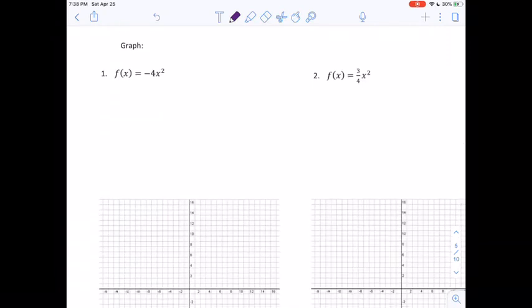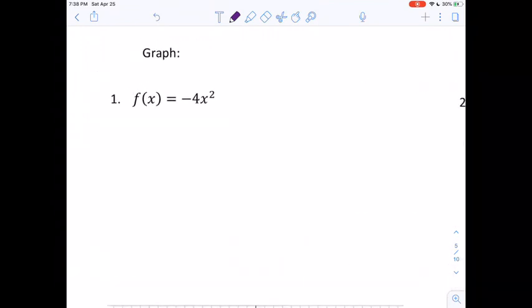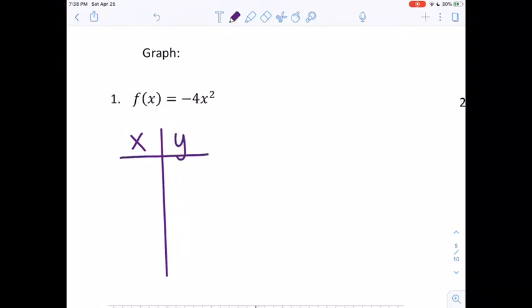So let's sketch a graph for some of these, for example. So essentially this is our second method, and this is literally just creating a table of values. Okay, so I'm going to be using an XY chart. We need at least 3 points.